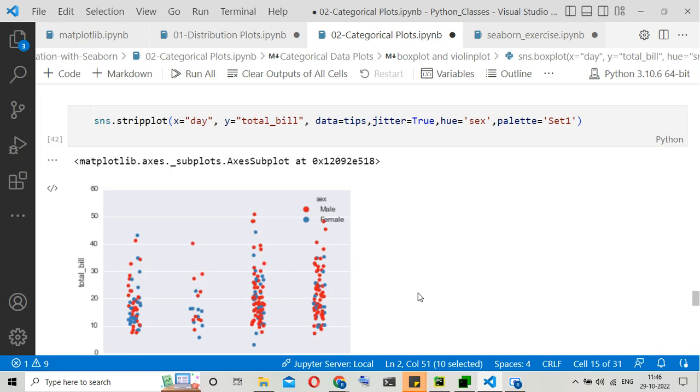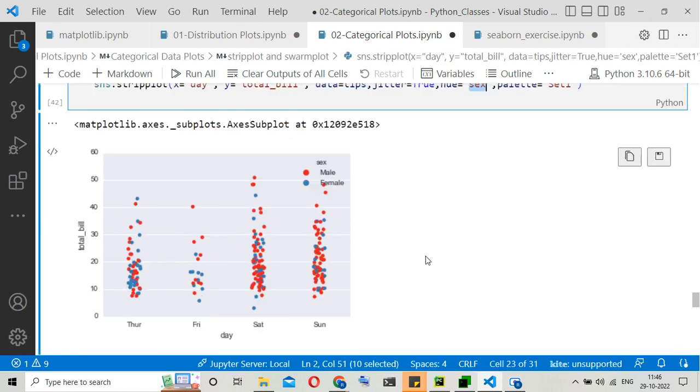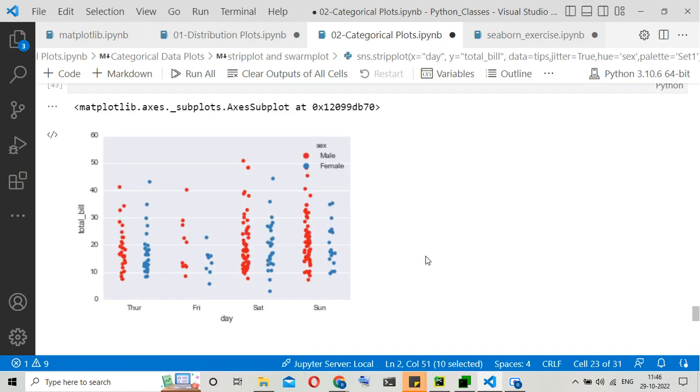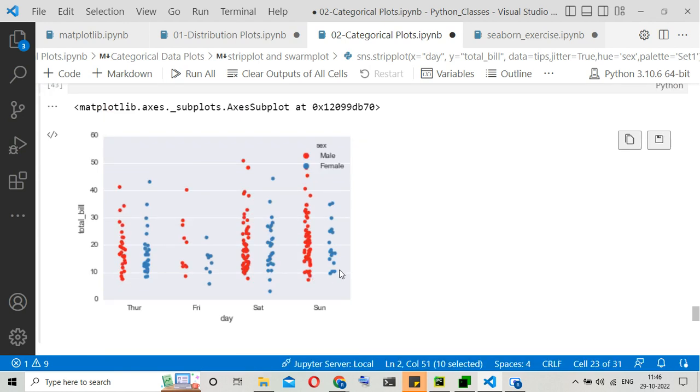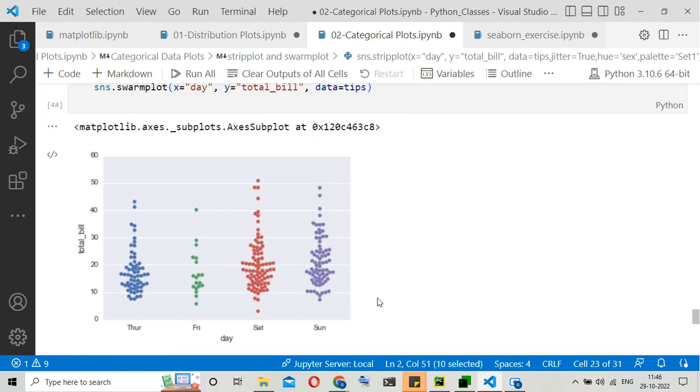And this is also the same, just distributed by color, based on sex, male or female. With jitter true you can see male and female separately. This is actually the swarm plot.